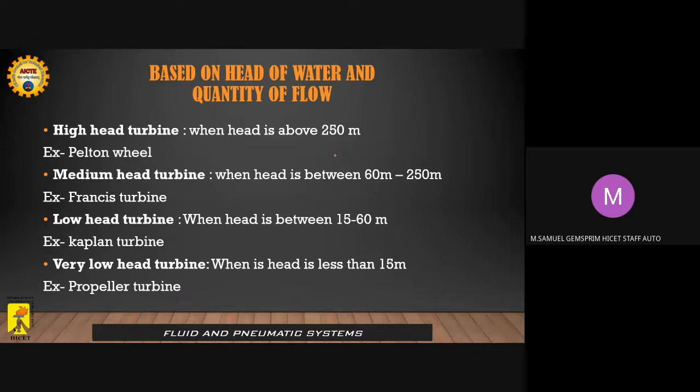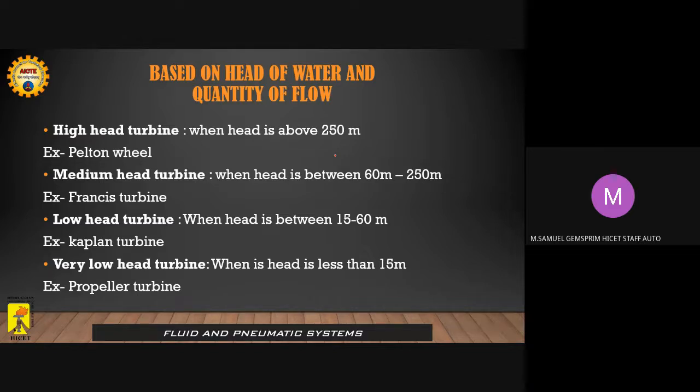Normally the hydel power station is installed in the lower part of the mountain, so the height difference between the turbine level and the water dam level is comparatively high. In this case, high head turbines are used.